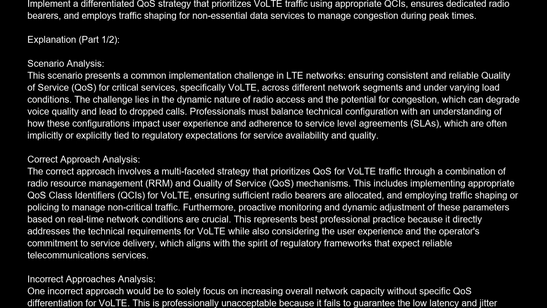Furthermore, proactive monitoring and dynamic adjustment of these parameters based on real-time network conditions are crucial. This represents best professional practice because it directly addresses the technical requirements for VoLTE while also considering the user experience and the operator's commitment to service delivery, which aligns with the spirit of regulatory frameworks that expect reliable telecommunications services.